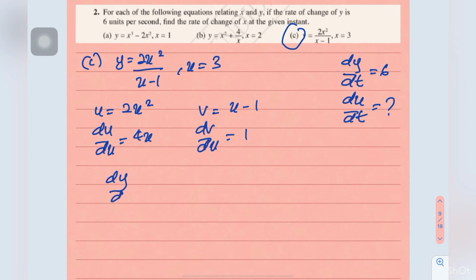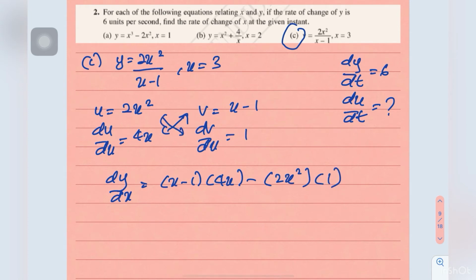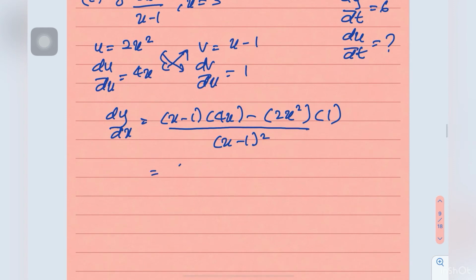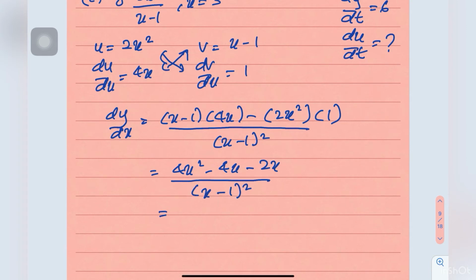So dy/dx is v du/dx, so x minus 1 times 4x, minus u dv/dx, so 2x squared times 1, all over v squared, x minus 1 squared. Here we simplify. We get 4x squared minus 4x minus 2x squared over x minus 1 squared, so 2x squared minus 4x over x minus 1 squared.